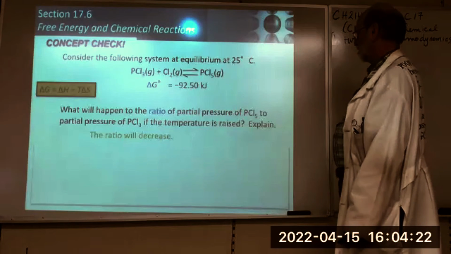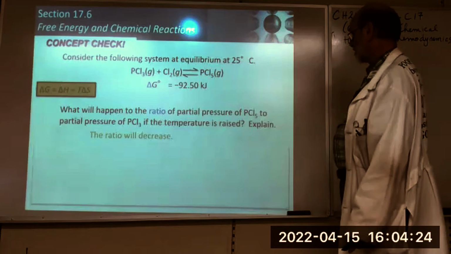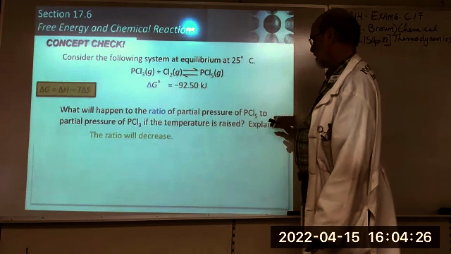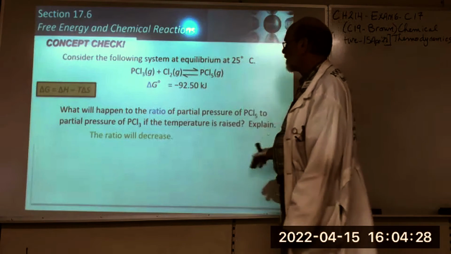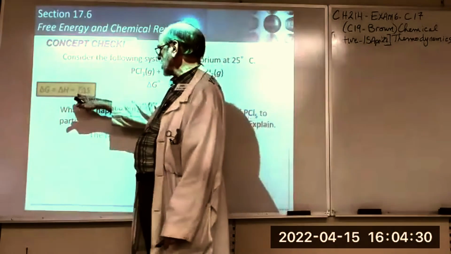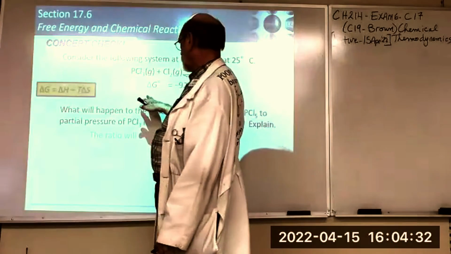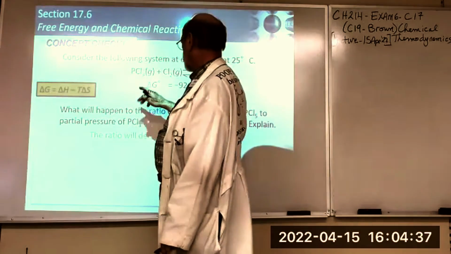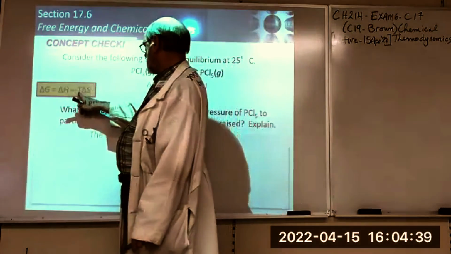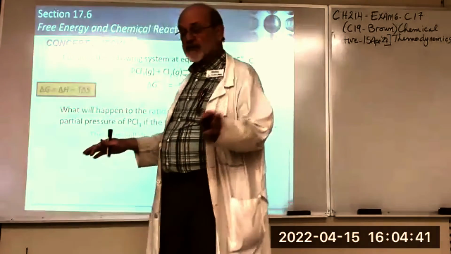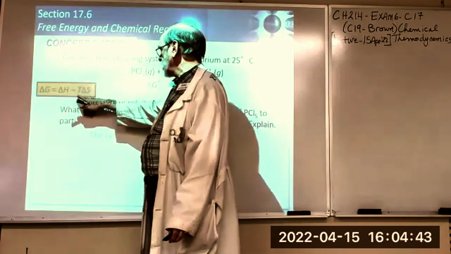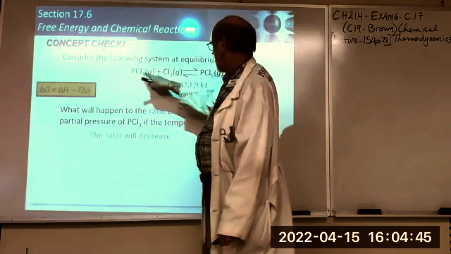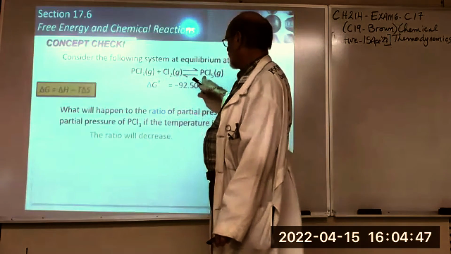All right. The ratio will decrease if the temperature is raised. Now it's not at standard temperature anymore. If we increase the temperature, we're going from 1, 2 to 1.